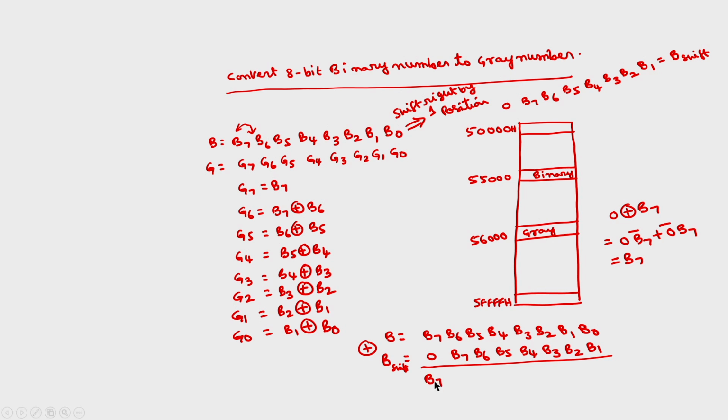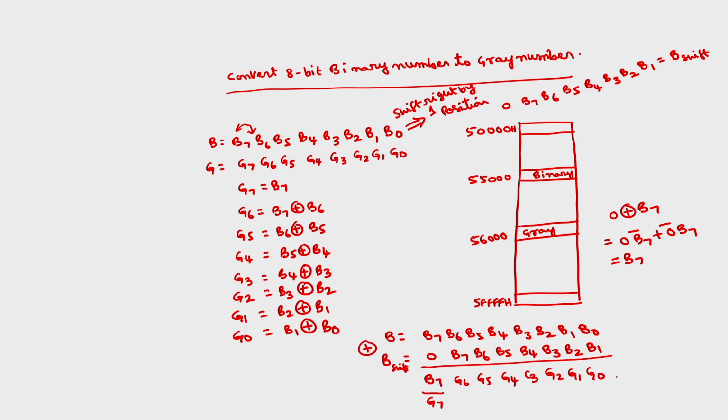So what will be the next bit? B6 exclusive OR B7. This B7 itself is G7. You can call this B7 or even G7, both are the same. Then the exclusive OR between B6 and B7 is G6, and this is G5, G4, G3, G2, G1, G0.